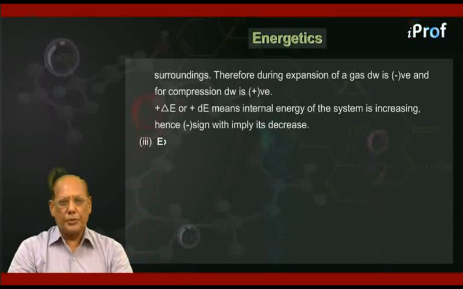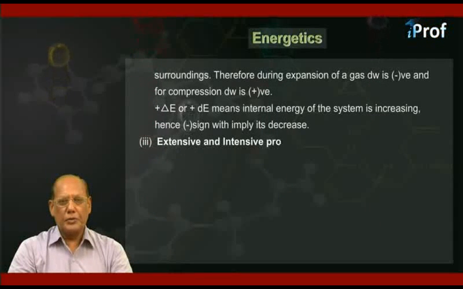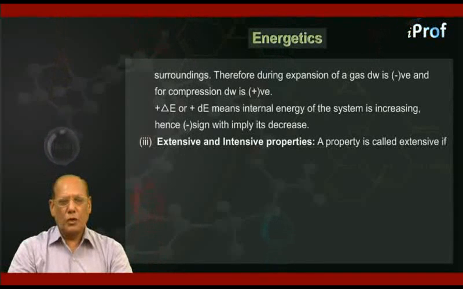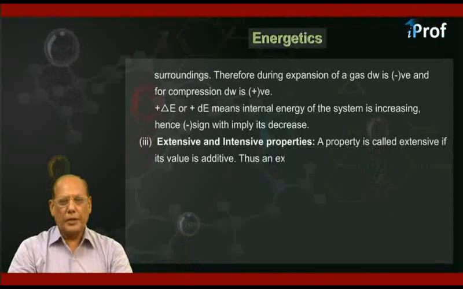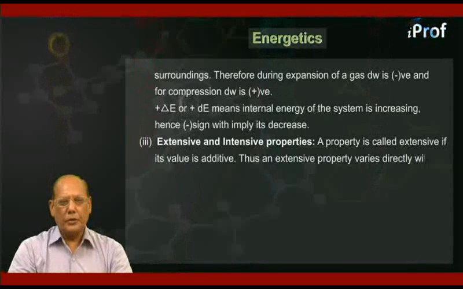The third point is extensive and intensive properties. A property is called extensive if its value is additive. Thus, an extensive property varies directly with the mass of the system.